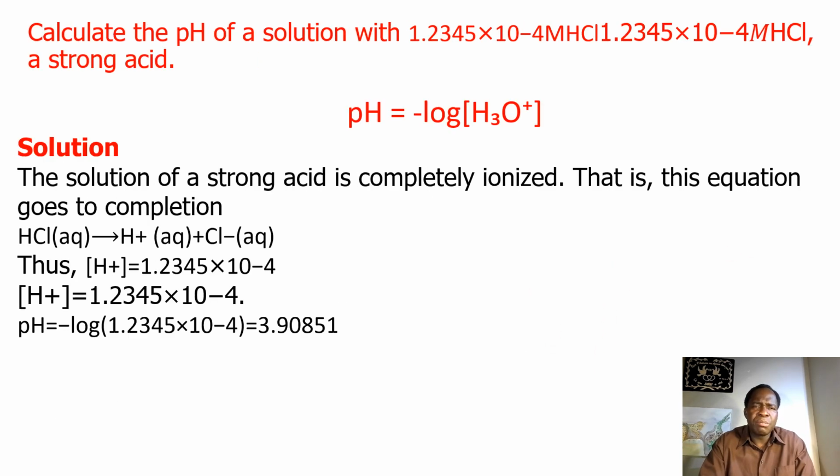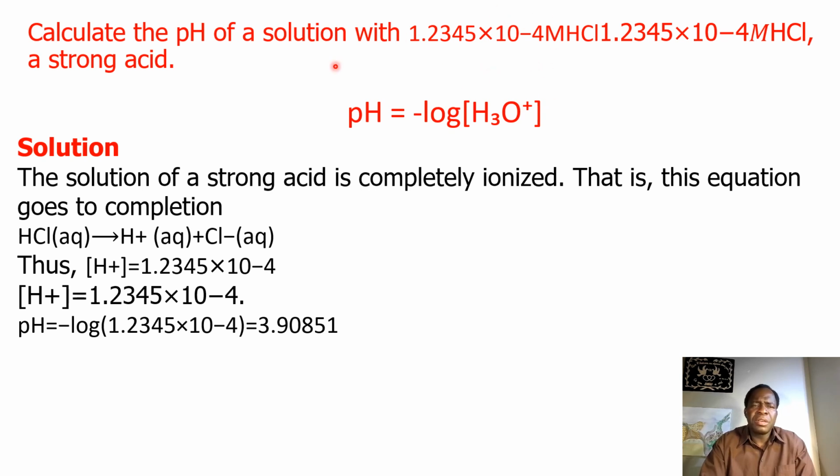So let's move to another problem here. This shows the calculation of the pH for a strong acid. So you have to apply the formula you use to calculate the pH of a strong acid. The problem is to calculate the pH of a solution with this concentration of hydrochloric acid.